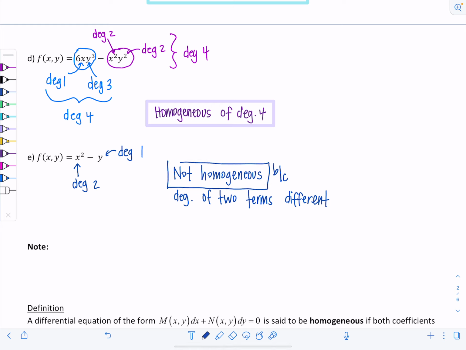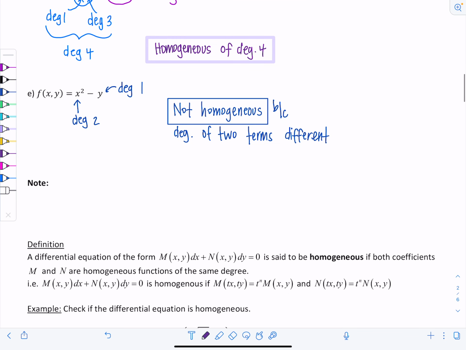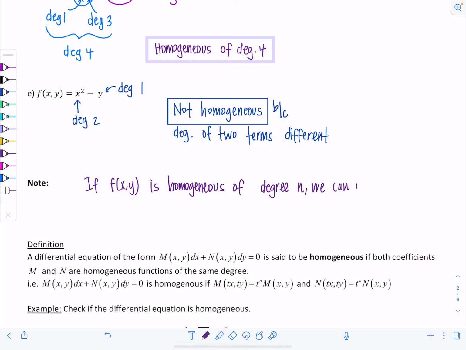Now, as a note, if a function is homogeneous, then it has a special property. So if f of xy is homogeneous of degree n, then we can write the following.